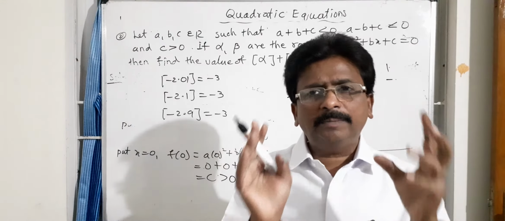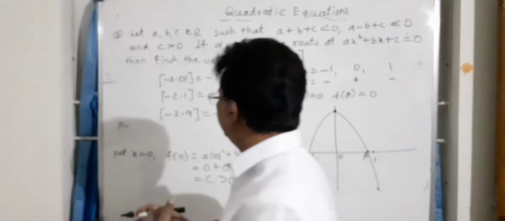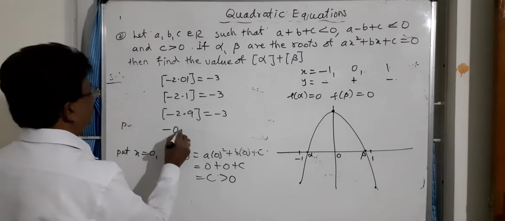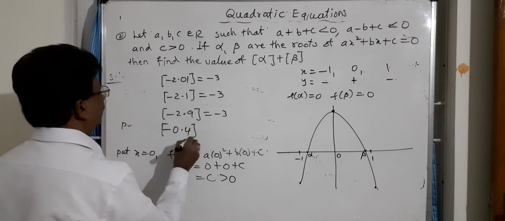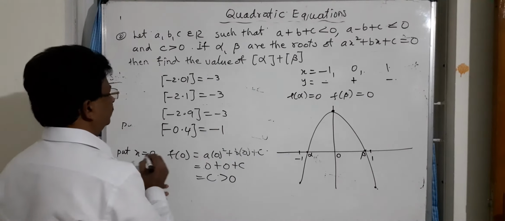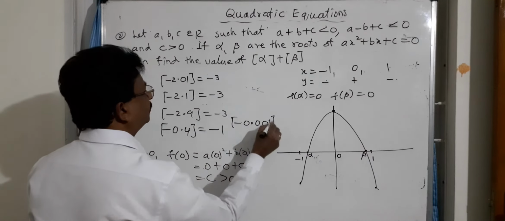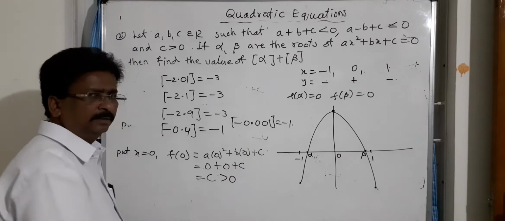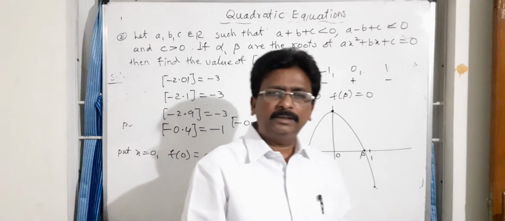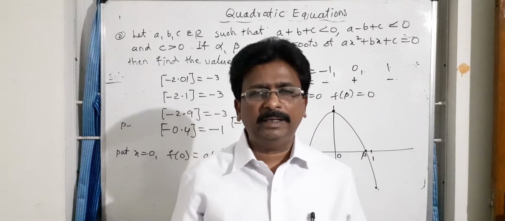So the integral part of any minus 0 point something, minus 0.4, what is the integral part? -1. Minus 0.2001, integral part -1. So the integral part of alpha also is -1.